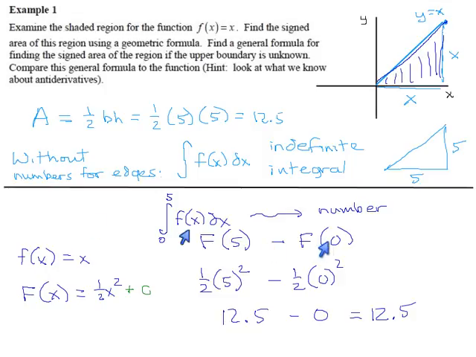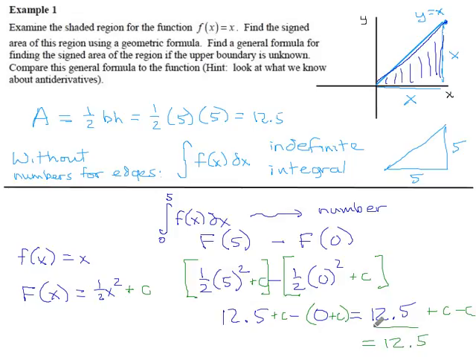F of 5 minus F of 0, I end up getting 1/2 of 5 squared plus C. That's my antiderivative at 5 minus 1/2 of 0 squared plus C. So when you do this, you get 12.5 plus C minus 0 plus C, which is 12.5 plus C minus C. No matter what, every single time, guaranteed, I promise, these C's are going to cancel out, and they will have no effect on your finished answer.